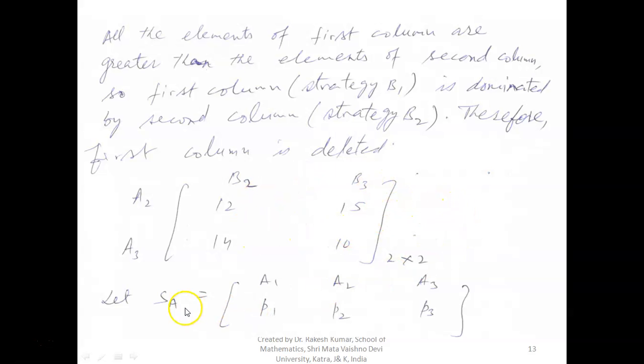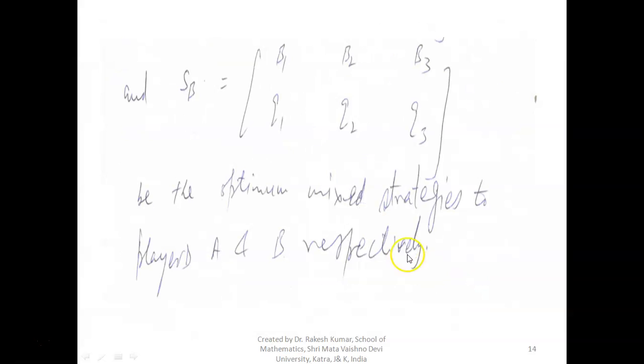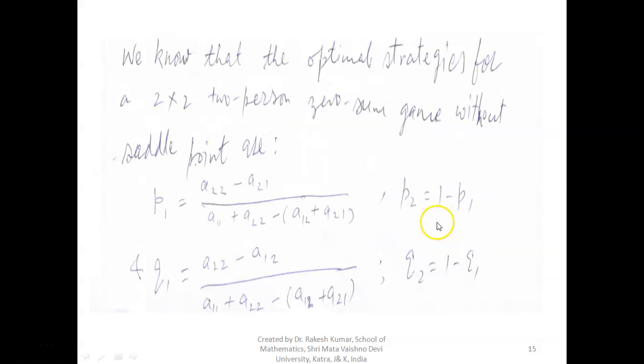Let SA be A1, A2, A3 with probabilities P1, P2, P3, and SB be B1, B2, B3 with probabilities Q1, Q2, Q3, the optimum mix of strategies for players A and B respectively. We know the optimal strategies for a 2x2 two-person zero-sum game without saddle point. We studied this a bit earlier in earlier slides.